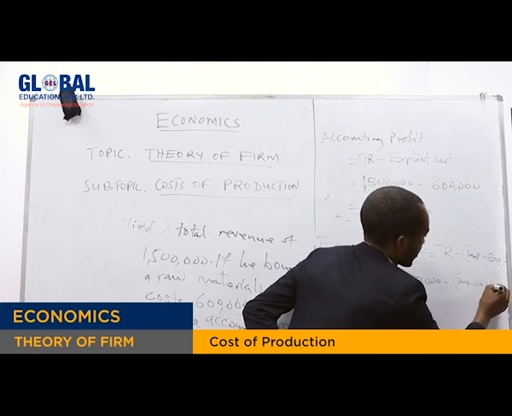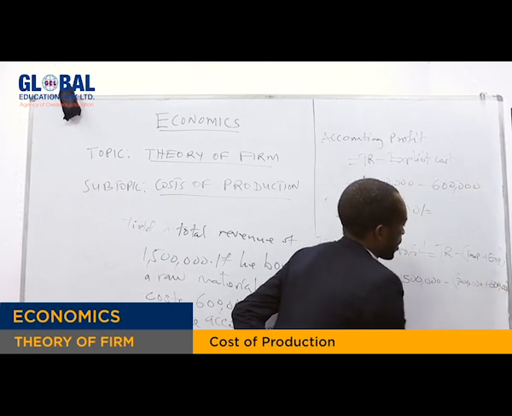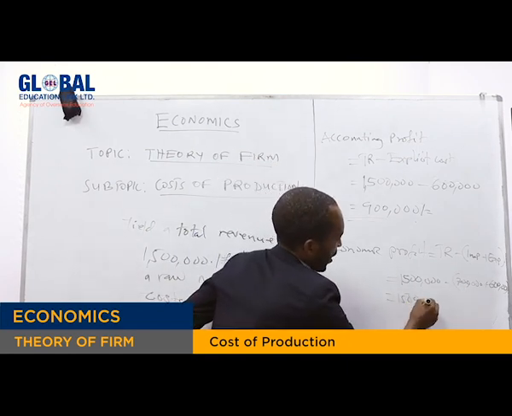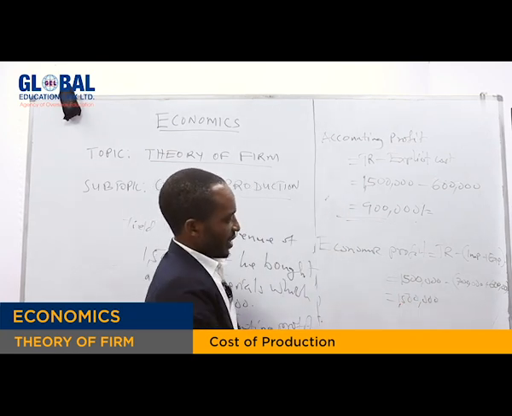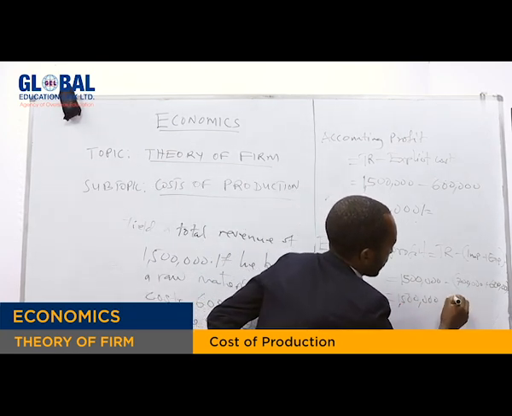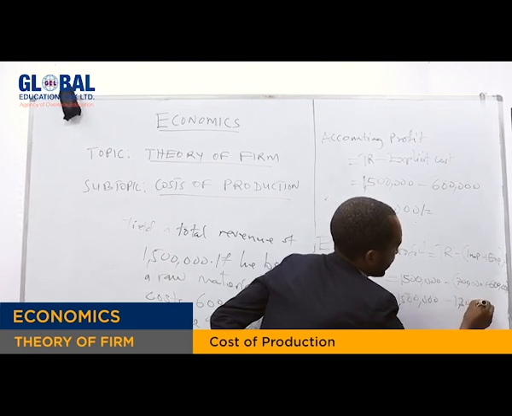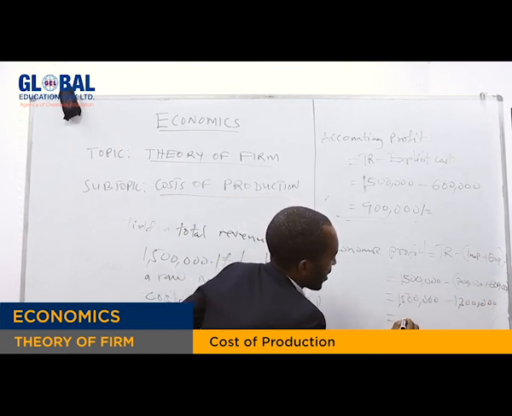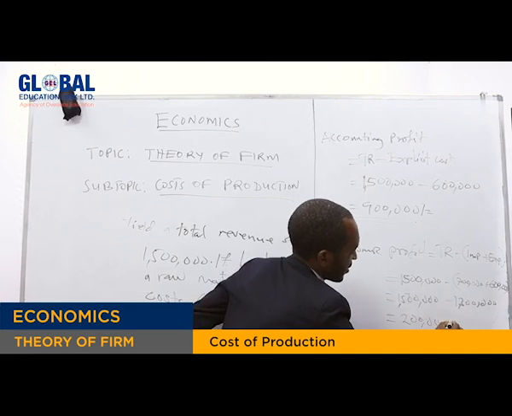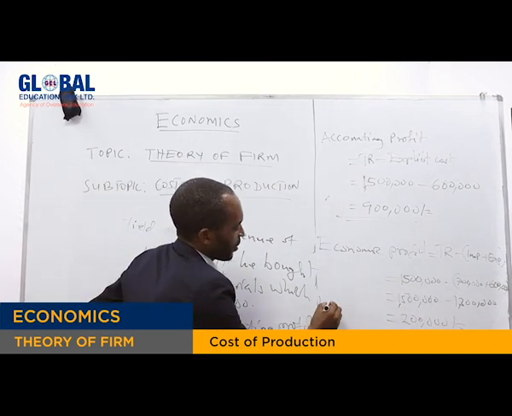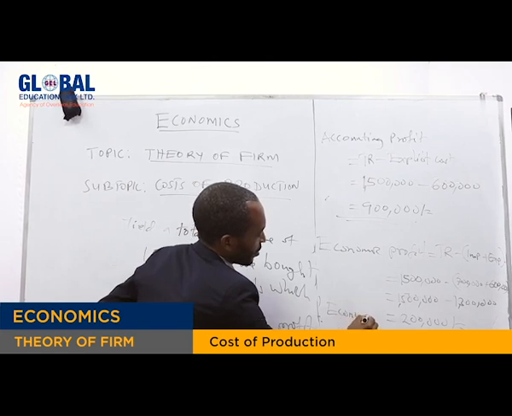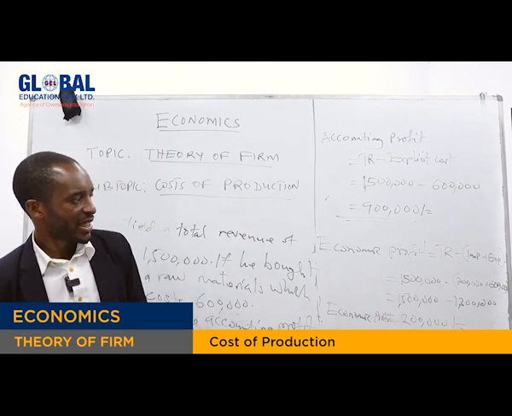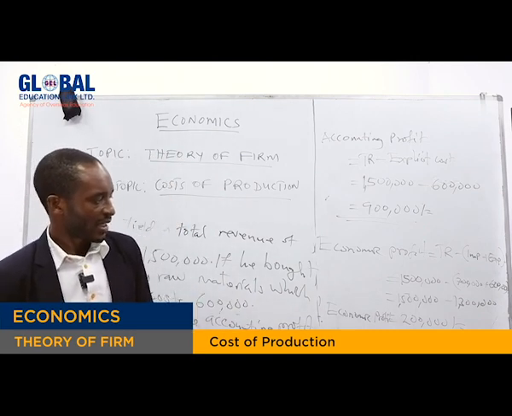So it will be equal to 1.5 million minus 1,300,000. So when you subtract, you get 200,000. So this one we call an economic profit.